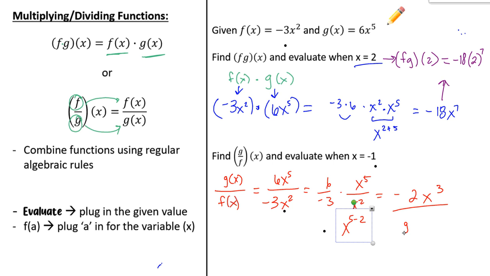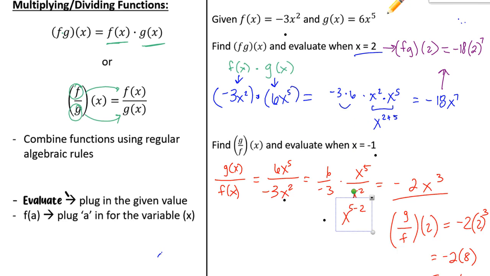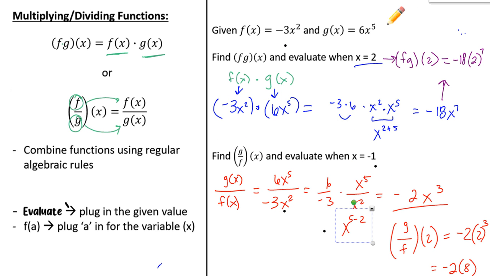Then when we find g over f of 2, that's negative 2 times 2 cubed, which means this one we can multiply out. Negative 16. So multiplying, dividing, addition, subtraction of functions, all it is is different notation that's saying, hey, multiply these two things together, hey, divide these two functions. Division, it matters which one goes first, and so does subtraction. So be careful about which one's on top in your actual calculation.